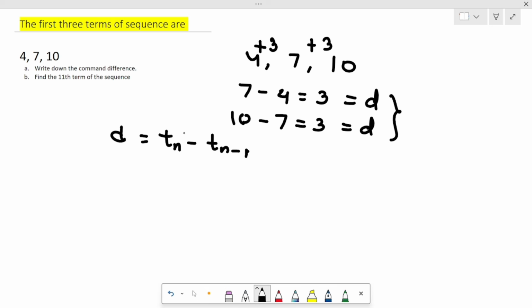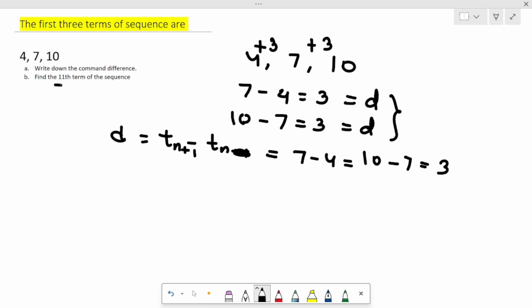Suppose n is 1, the first term, then n plus 1 will be the second term, so second term minus first term is our common difference. If n is 2, then the third term is the successive one. So in this case, 7 minus 4 or 10 minus 7, we can take either, and the answer is 3.